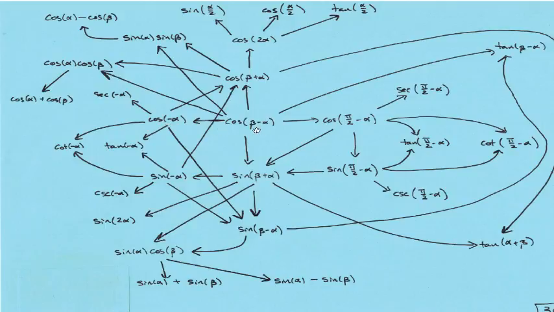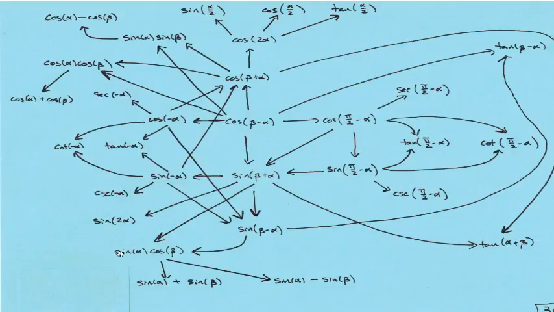We were able to derive the cosine of pi over 2 minus alpha, which in turn led to the sine of pi over 2 minus alpha. These two together, along with cosine of beta minus alpha, gave us the sine of beta plus alpha. The sine of beta plus alpha then implied that we had the sine of 2 alpha.